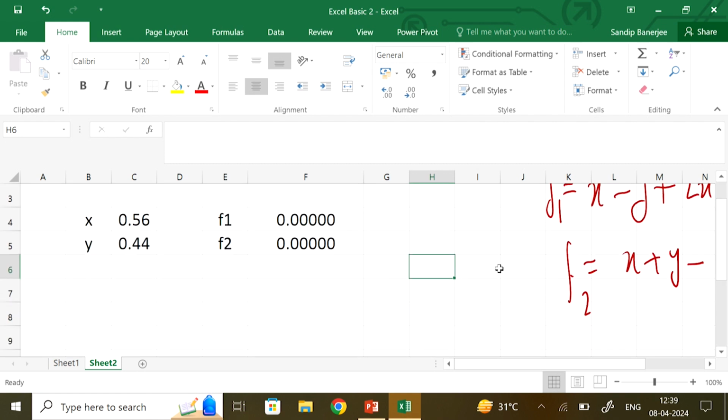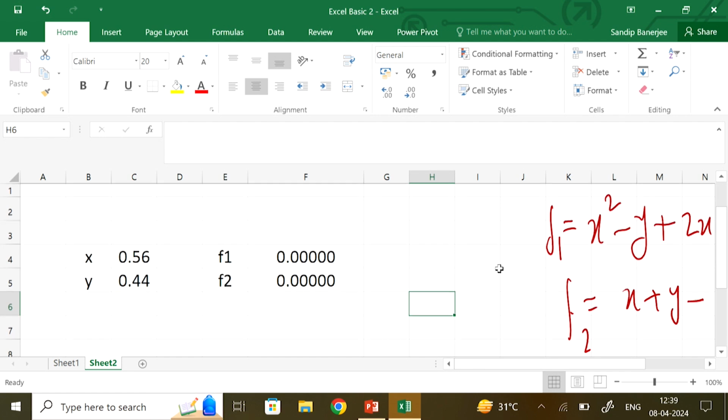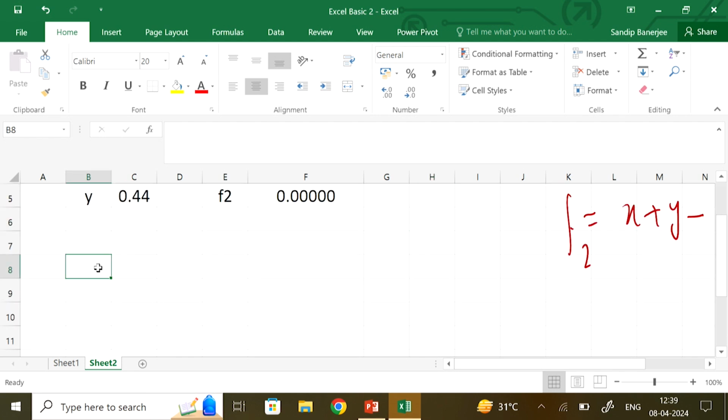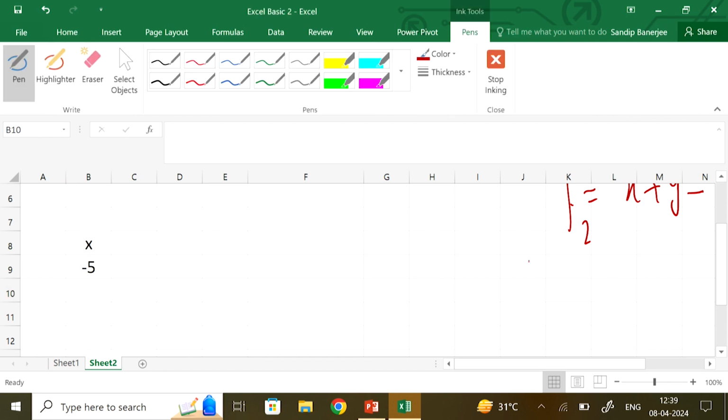Again, I have to do it graphically. So, you take, say, this x value. I can start with -5. So, before that I have to rewrite the equations as y equal to x square plus 2x minus 1 and y equal to minus x plus 1.